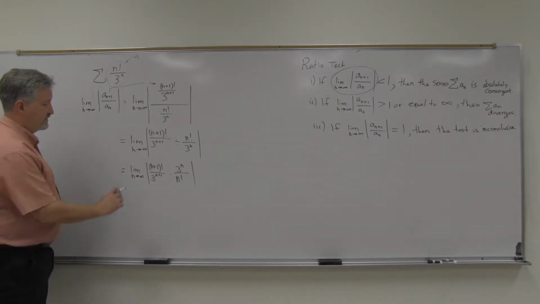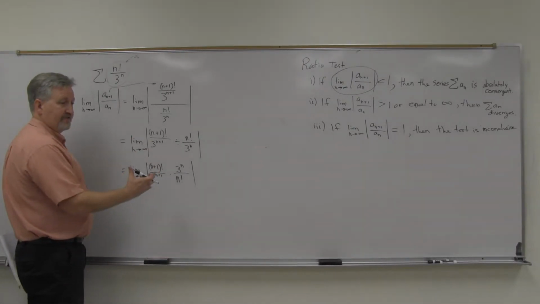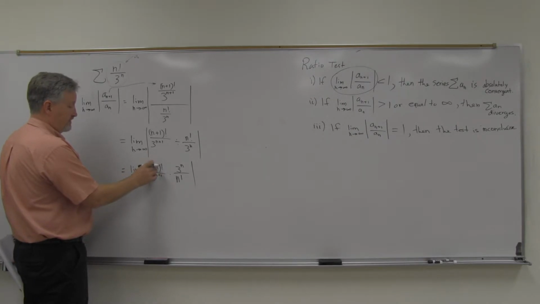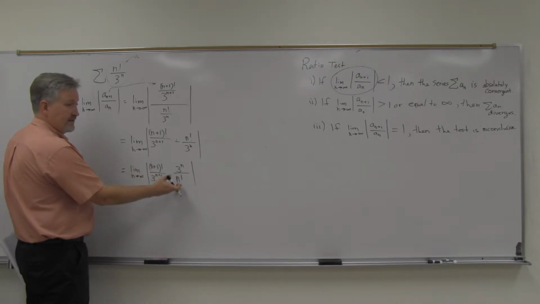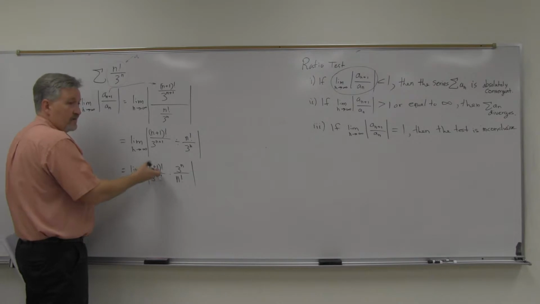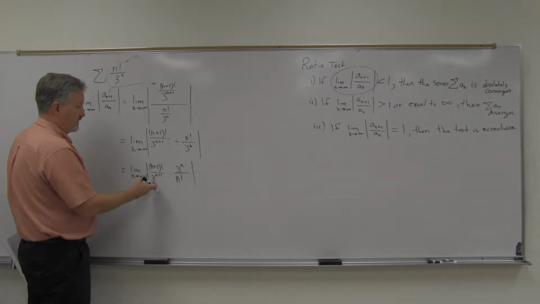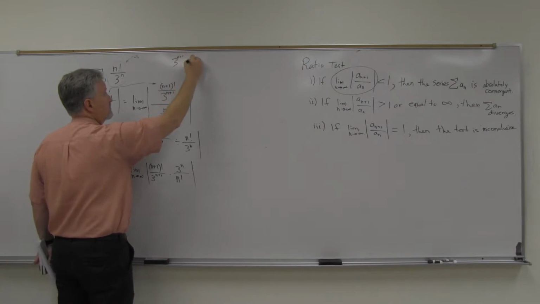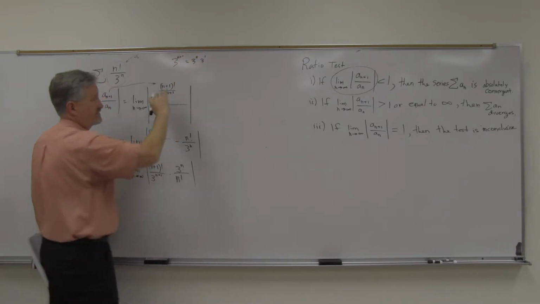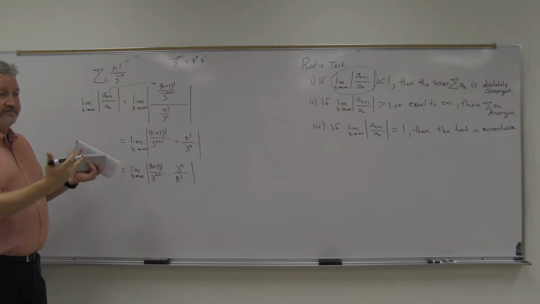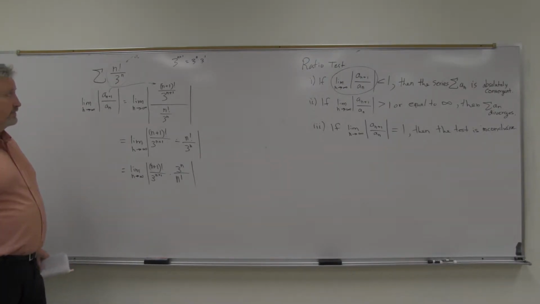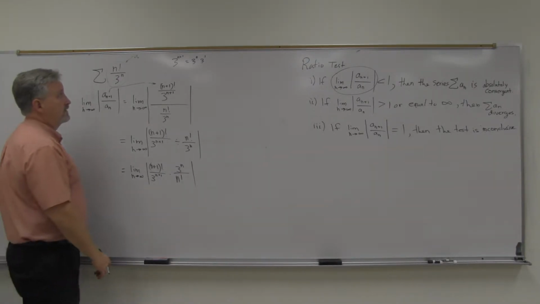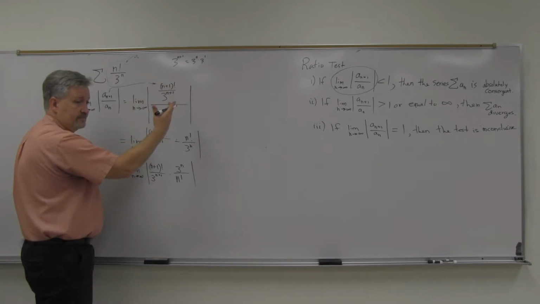Well, that's where our previous discussion about the factorial comes in. Notice here I've got n plus 1 factorial, and then I have an n factorial, so writing that as n plus 1 times n factorial, we'll get some cancellation there. Kind of the same thing here, 3 to the n plus 1 is 3 to the n times 3 to the first. That's breaking it up like we don't normally do, but we can do that.